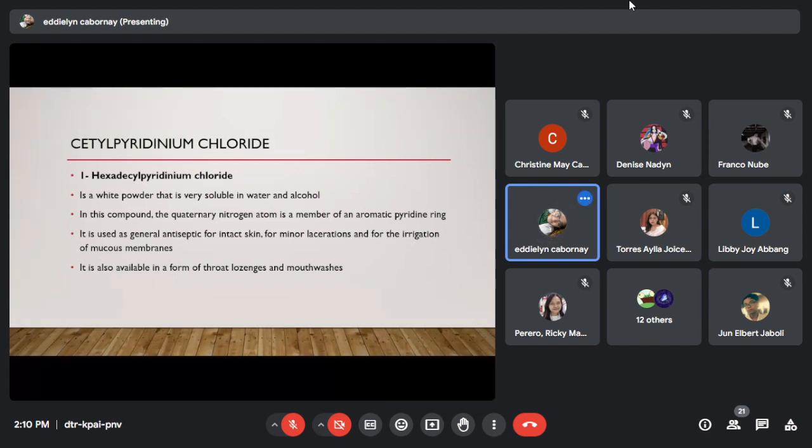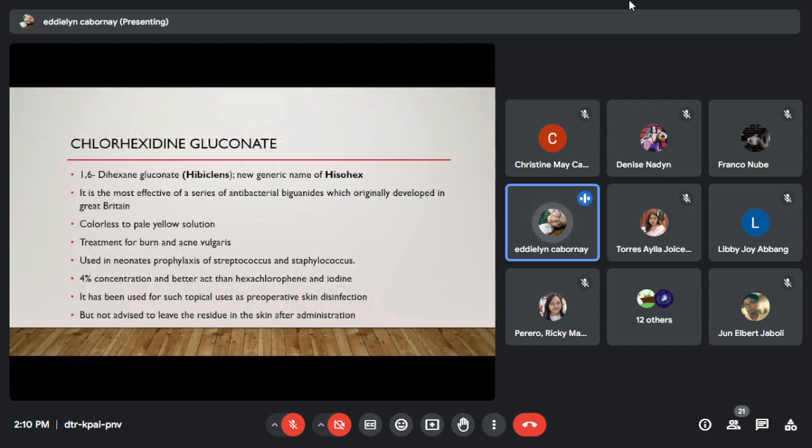Okay, so we have chlorhexidine gluconate, or Hibiclens. The other name is Hisohex. It is the most effective of a series of antibacterial biguanides, which was originally developed in Great Britain. It is used for the treatment of burns and acne vulgaris.